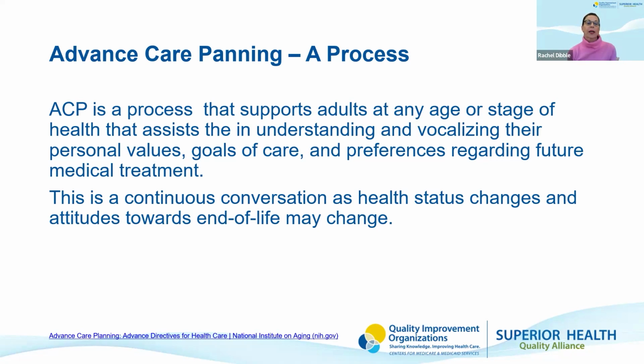Advanced care planning is a process that supports adults at any age or stage of health in understanding and vocalizing their personal values, goals of care, and preferences regarding future medical treatment. Again, it's a process and a continuous conversation, as health statuses change and attitudes towards end of life may change. So I'm going to stop right here because this is the crux of it.